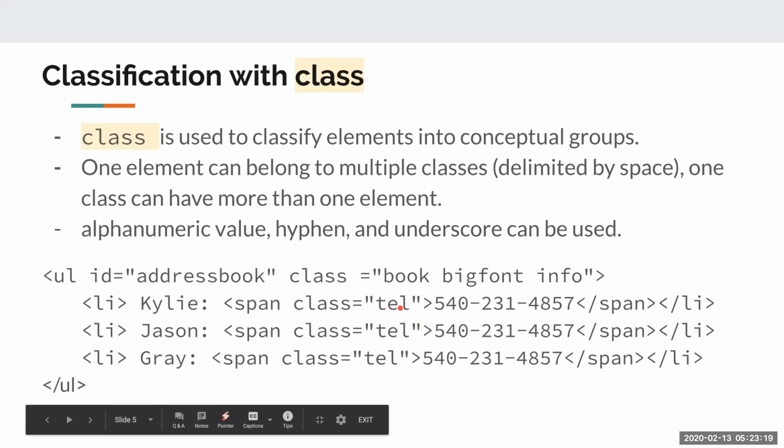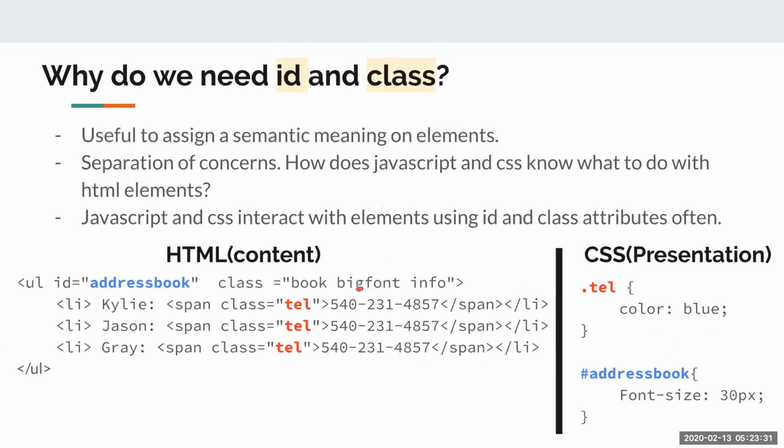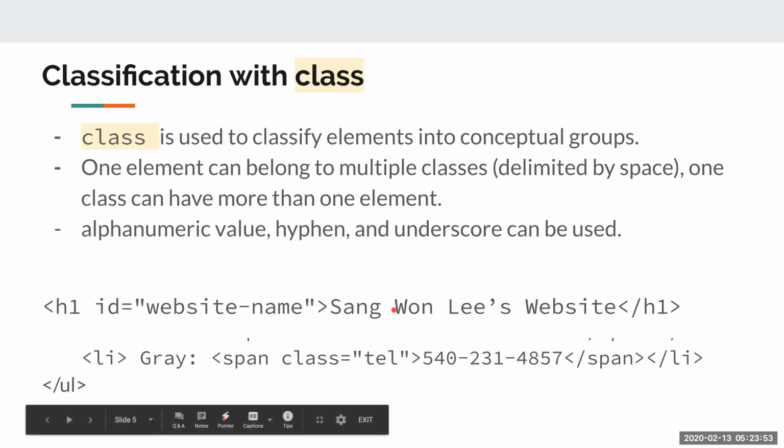ID names and class names can only have alphanumeric values, hyphens, and underscores. So why do we need ID and class? It's useful to assign a semantic meaning to elements, obviously. In case we need to use generic elements and we want to assign some semantic meaning, in this case, the telephone number was the meaning of this particular class.